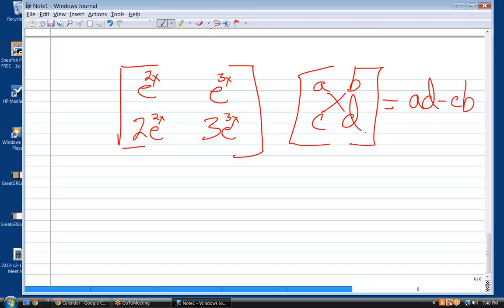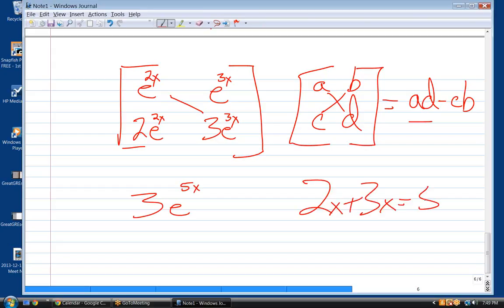It's the negative-slope diagonal, the product of that, minus the positive product. So in this case, AD is that product, which is what? 3e to the 5x. Just 5x. 2x plus 3x is 5x.